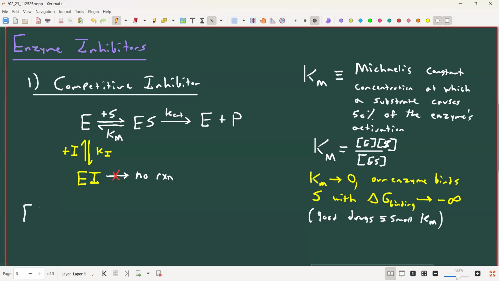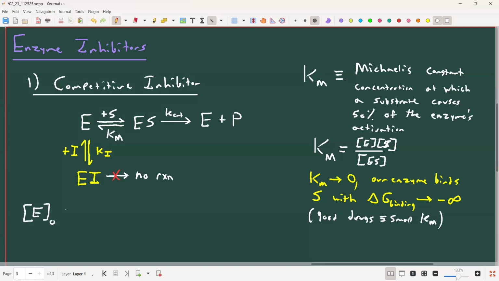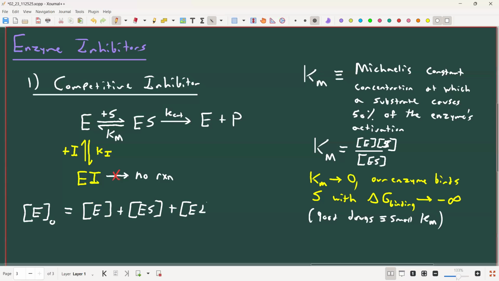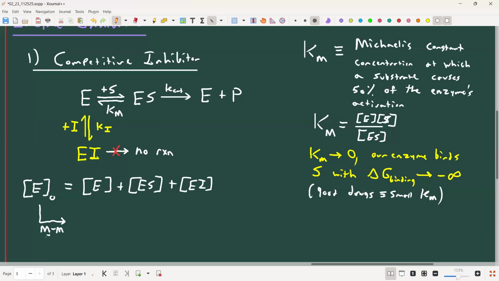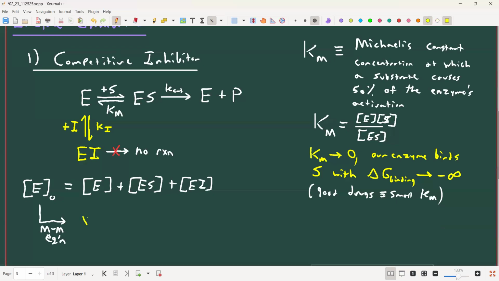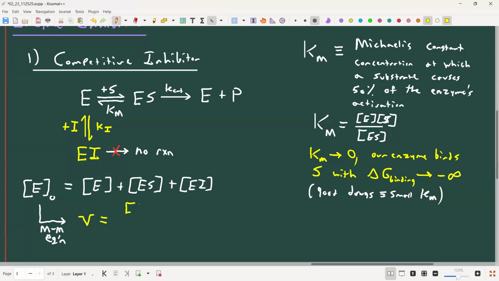So from this, one thing that we can look at is the initial concentration of the enzyme. That's going to be equal to the current concentration of the enzyme plus the concentration of the complex plus the inhibited complex, right? Some of the enzymes are going to be doing something, some of them are going to be inhibited, and some of them are free. And so we can apply this now to our Michaelis-Menten equation, which says that the velocity of the reaction is equal to E naught.